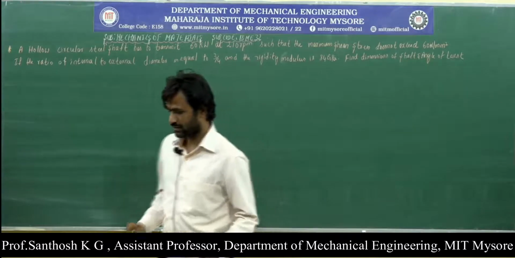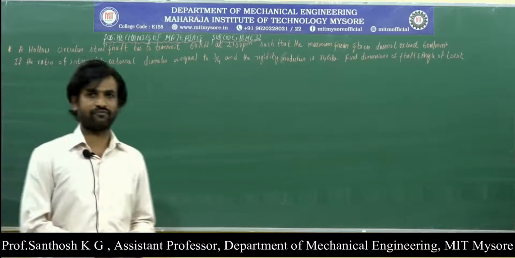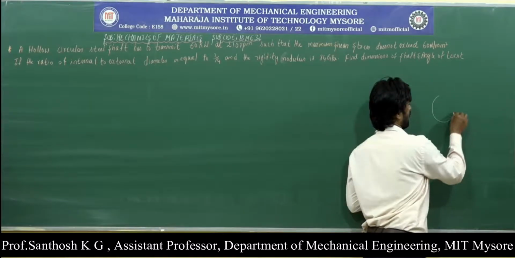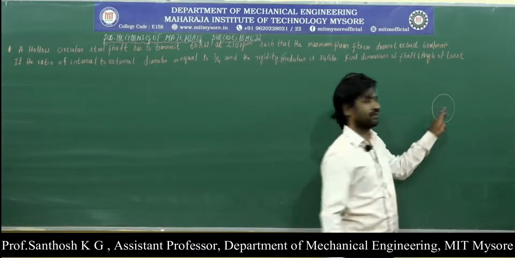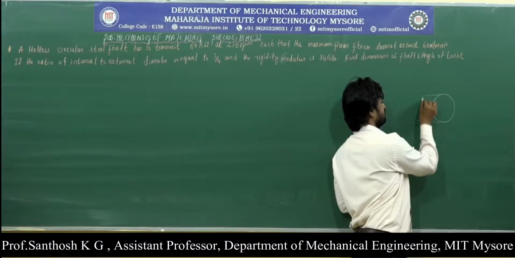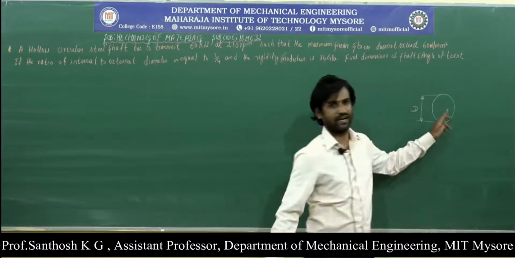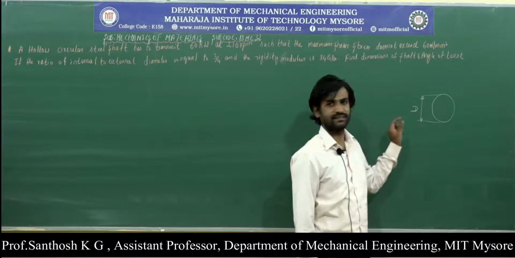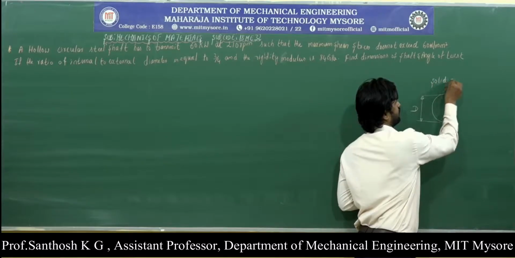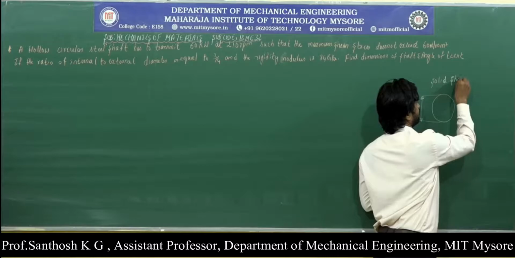In the last class, we have solved the problems on a solid shaft. A solid shaft has a cross section like this, which is circular, and the diameter of the shaft was taken as D. So, this is the case if the given shaft is a solid shaft.